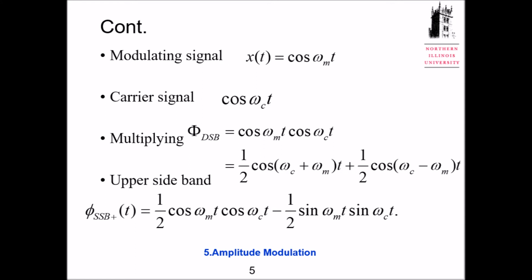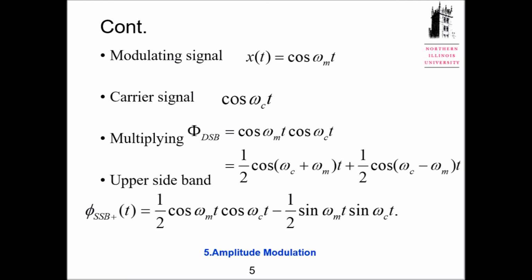Okay, so we use a sinusoid as our message to make our analysis easier and simpler. So we look at our signal and try to find the tricky thing inside. Then we can build up our method to generate single sideband. My message is a sinusoid, and I have my carrier. So the double sideband signal is message times carrier.